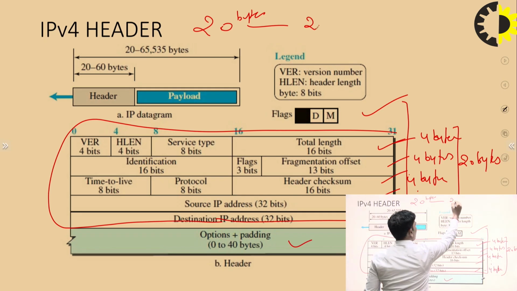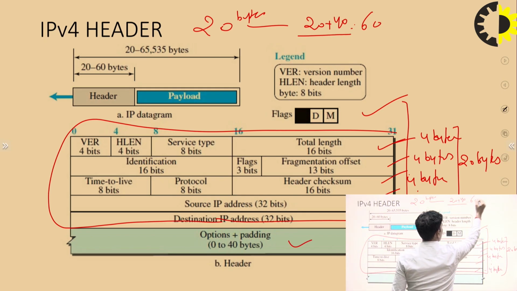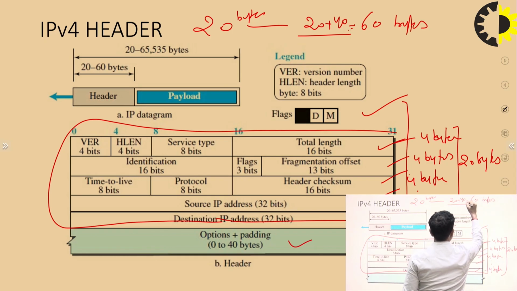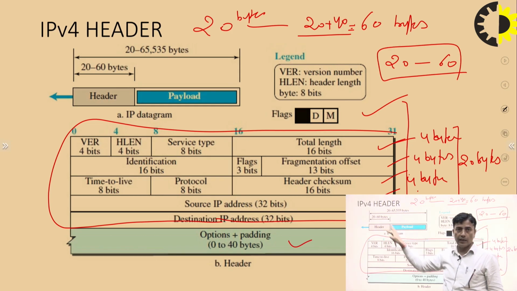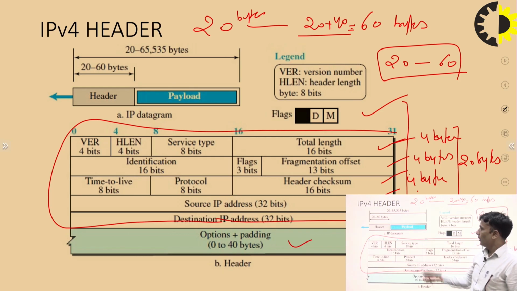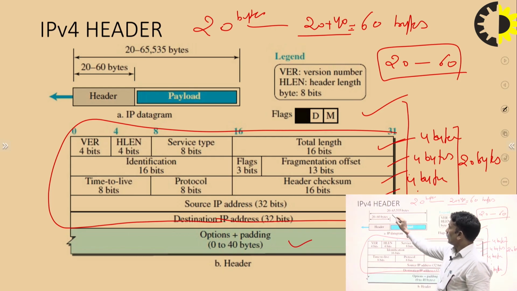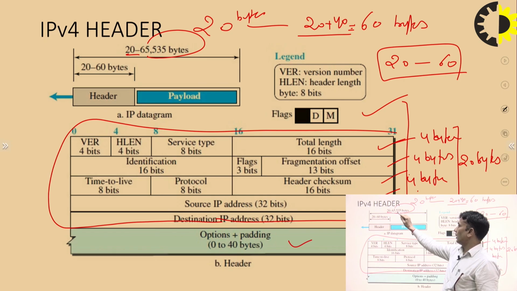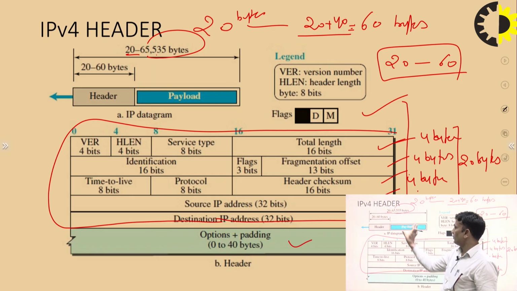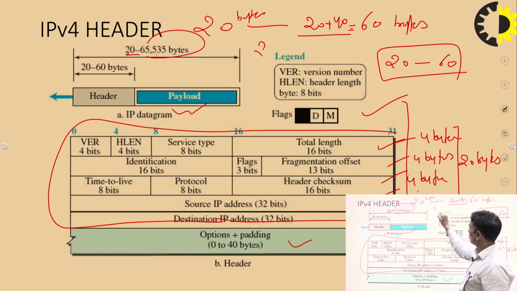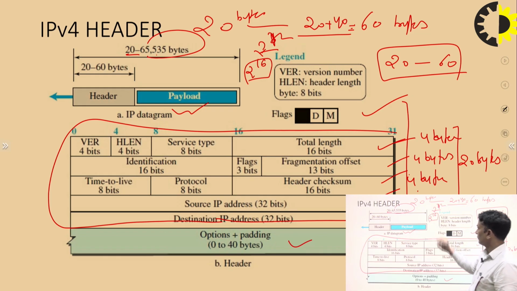So this will be 20 plus 40, that means 60 bytes. So the IPv4 header ranges from 20 to 60 bytes, and then there is the payload. The total information may be a maximum of 65,535, which is 2 to the power 16 minus 1.